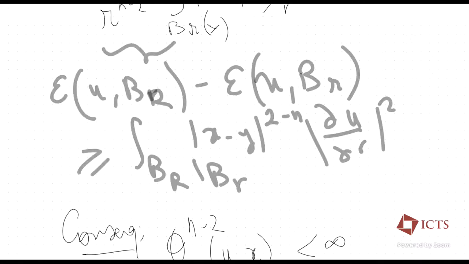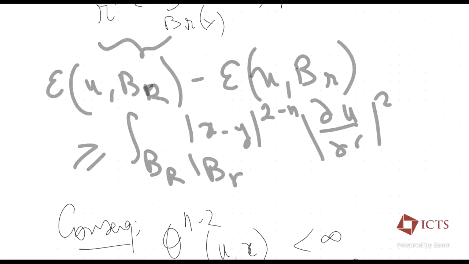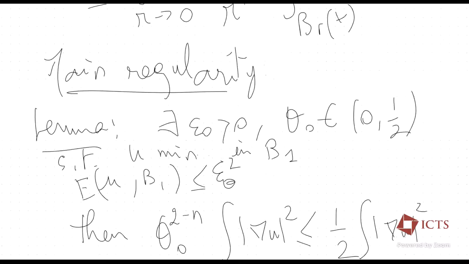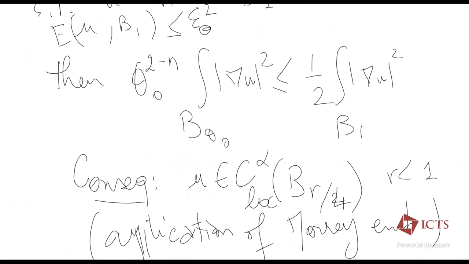Whenever you control the energy at radius 1, you also control it for all the radii down to 0. It doesn't give you decay, but at least it gives you an a priori control.